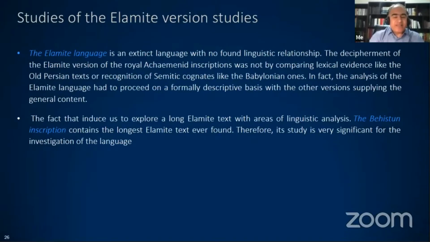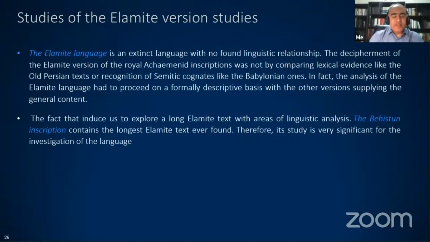In fact, the analysis of the Elamite language had to proceed on a formally descriptive basis, with the other versions supplying the general contents. These facts induce us to explore the Elamite text with areas of linguistic analysis. The Behistun inscription contains the longest Elamite text ever found. Therefore, its study is very significant for the investigation of the language.